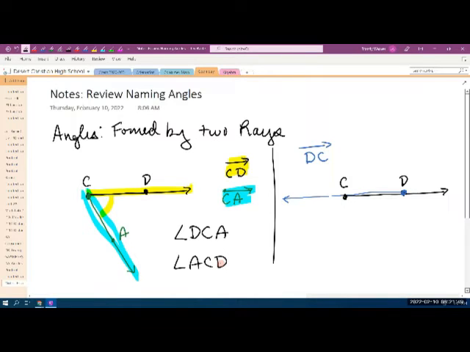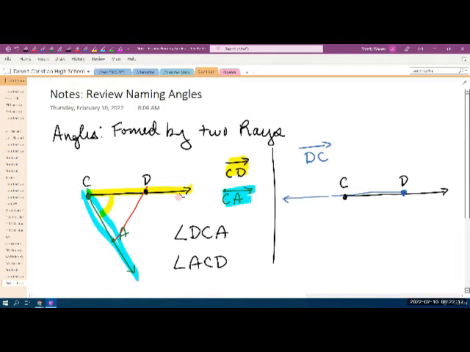Now, when all we had were two rays, you guys did good on this. It was fine. But what happens when I say, oh, you know what? I'm adding this line here. This angle is still named by the two rays that form it. Even if I don't draw the rest, the ray exists.